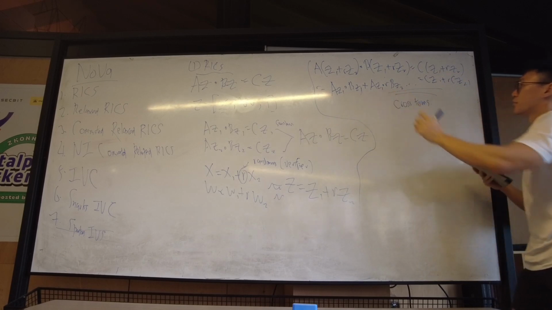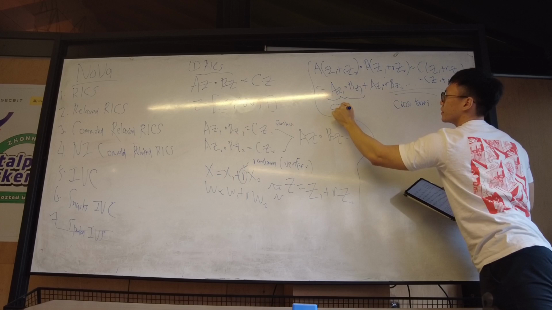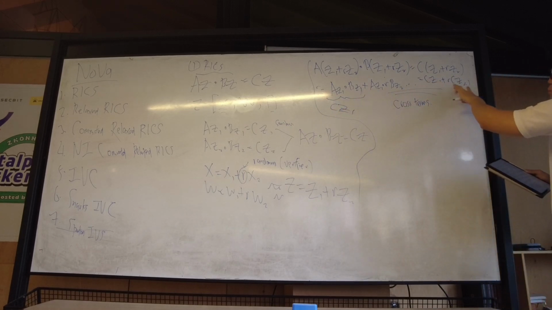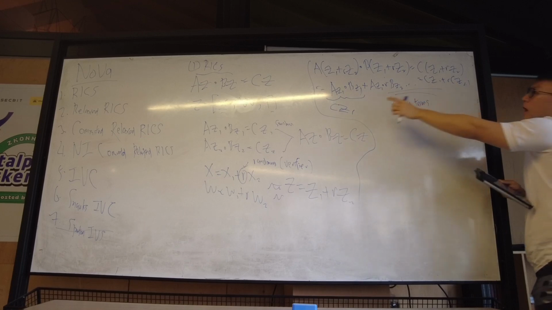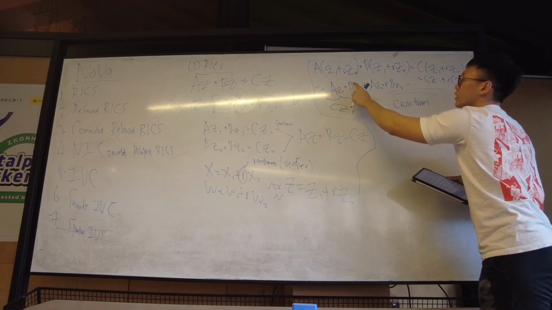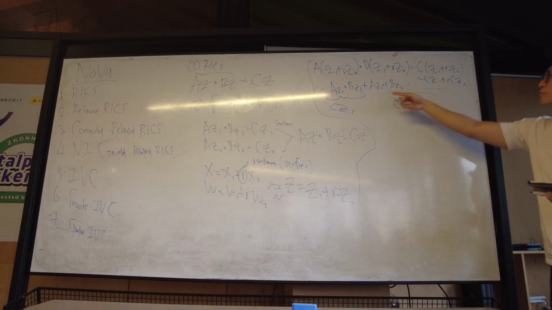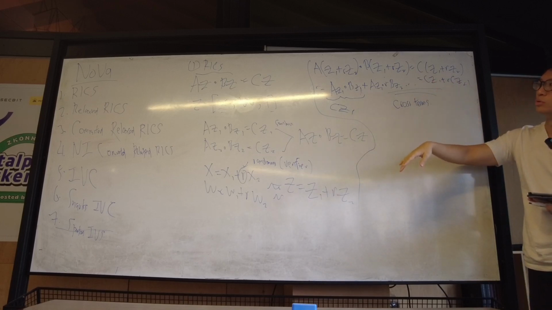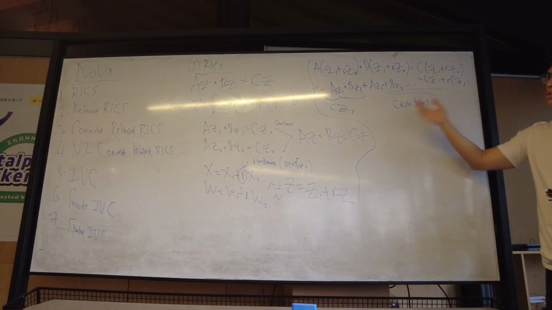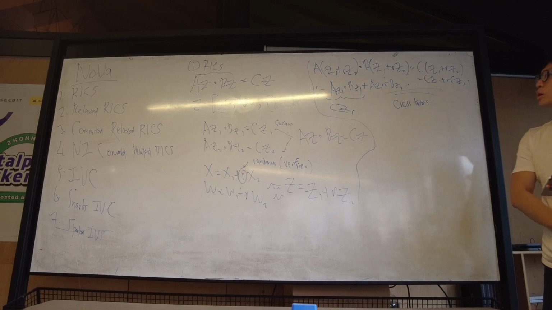Because of the existence of cross terms, we can see that this is C Z1, which is this part, but then we will somehow need R A Z2, R B and B Z2. But because of this mess, we are not able to properly fold it. Which is why folding R1CS naively does not work.